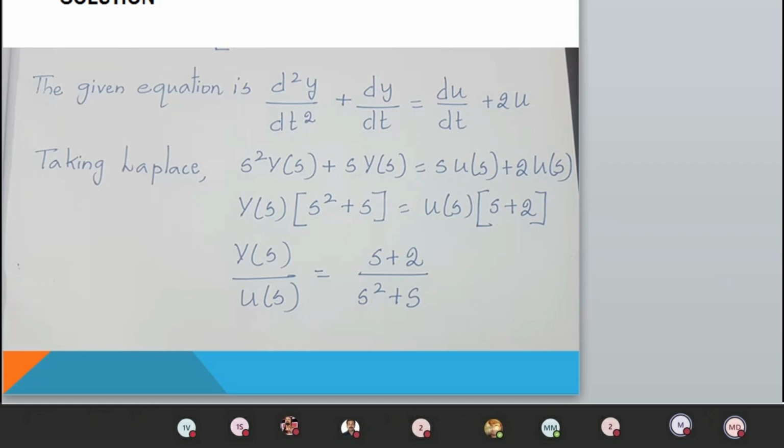Right? So I hope you are able to understand these problems properly. Okay, so you can understand all these are simple application of Laplace only. You are supposed to find the transfer function in simple applications of expressions, right?